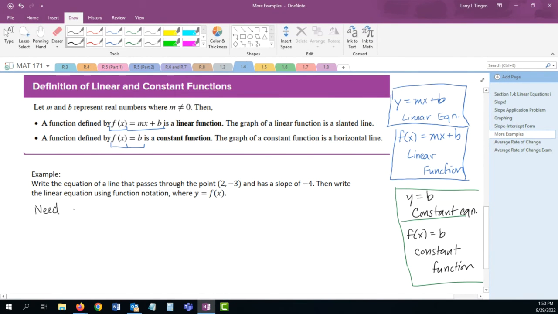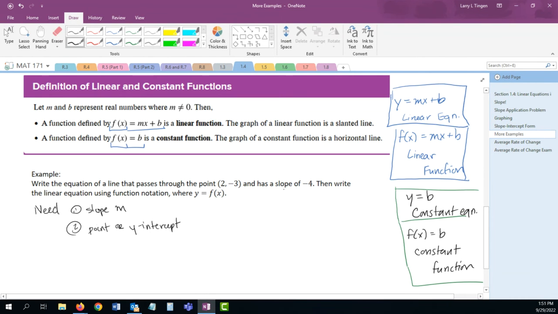To do this, you need two things. I need the slope, and I need a point, but for slope-intercept form, a point or the y-intercept.